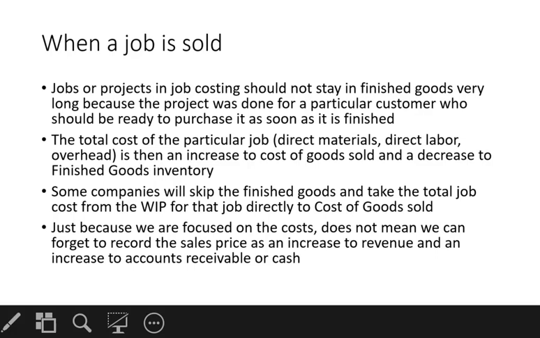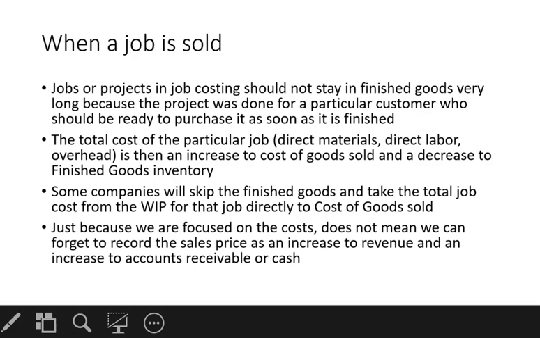Some companies, because finished goods is not usually a thing with job costing, you can just take the total cost from the work in process right to cost of goods sold because you know it's sold. In fact, typically when I did this with a construction company, the house was sold before we started building, right?